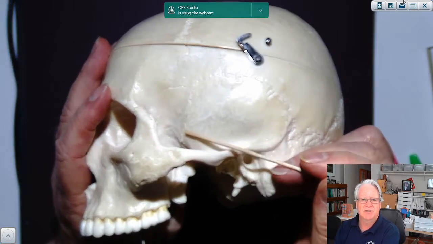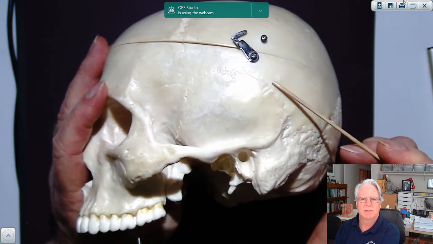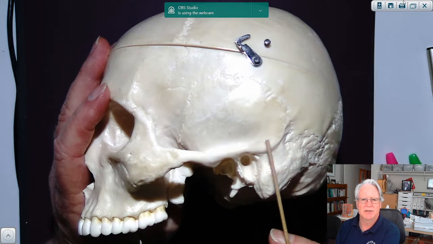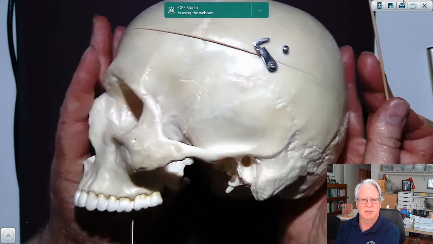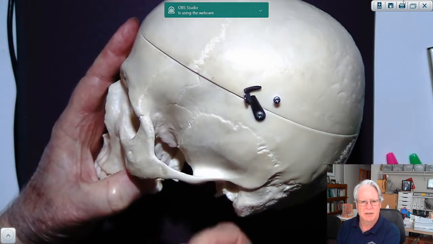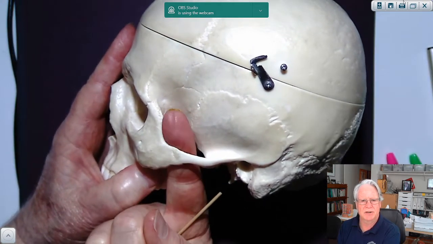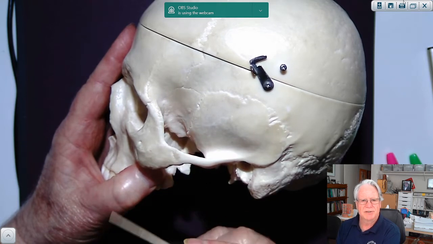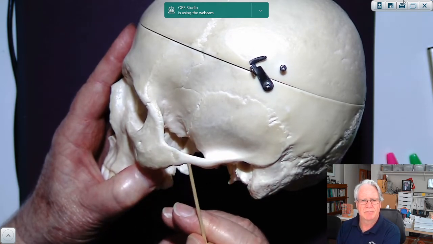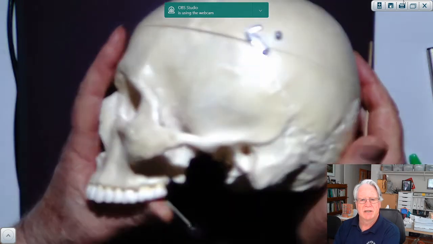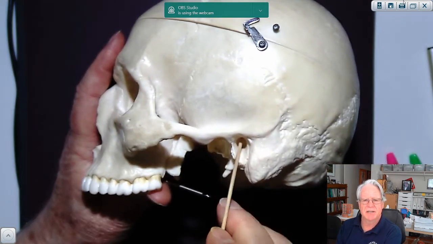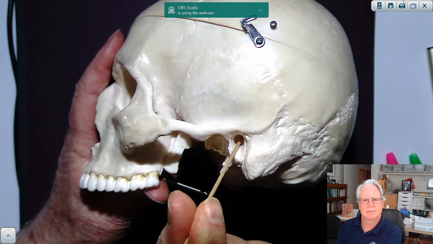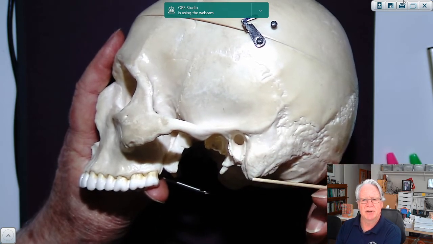And you can see the sutural line. So this is my temporal bone right here, and you can see it extends out to create this arch. Creates that arch there. Okay. And this is a zygomatic arch. And then I have the external auditory meatus. And then I have the mastoid process.